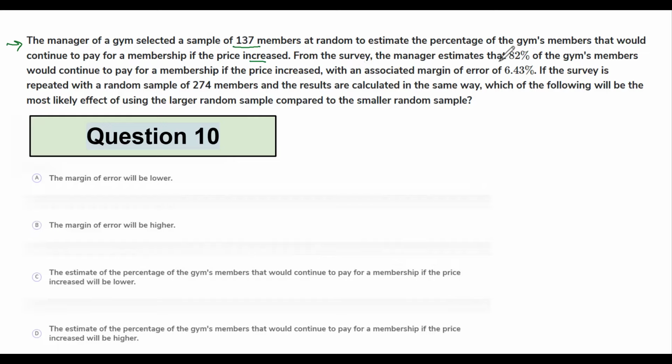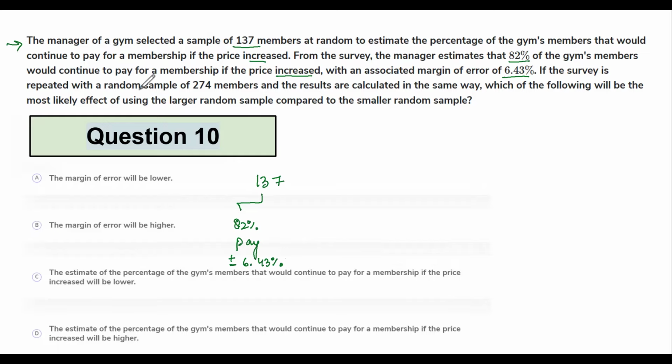From the survey, the manager estimates that 82% of the gym's members would continue to pay for a membership if the prices increase. So among 137, 82% will still pay, with an associated margin of error of 6.43. So 82 plus or minus 6.43%.